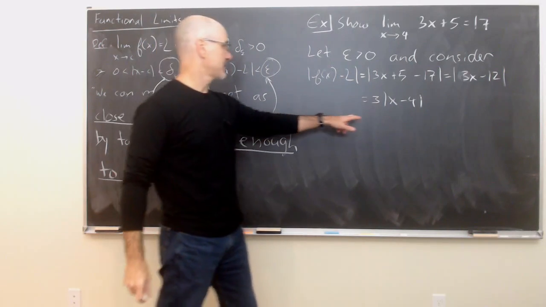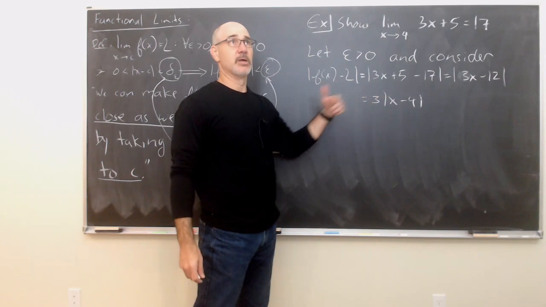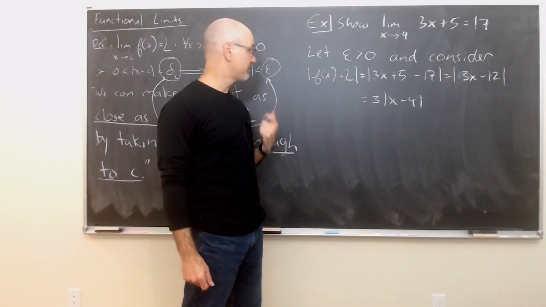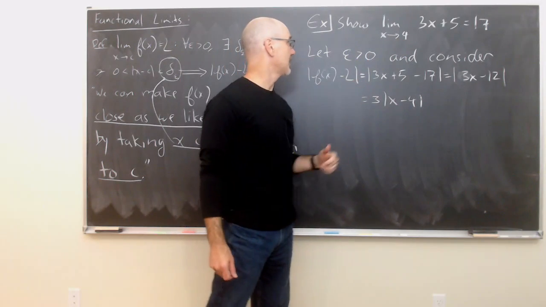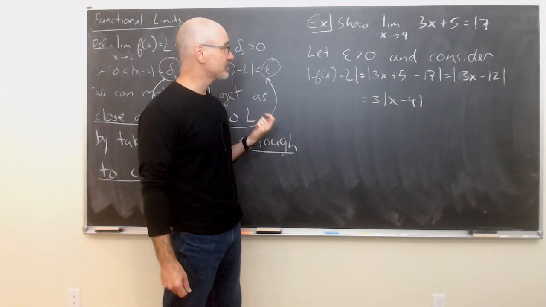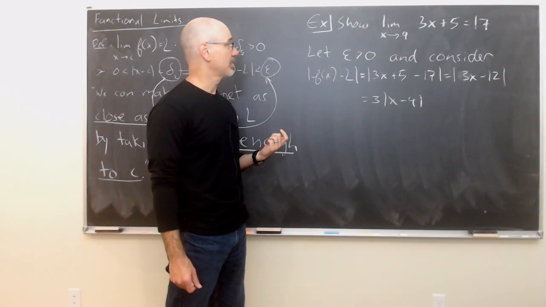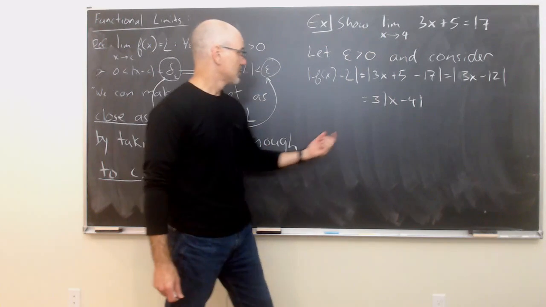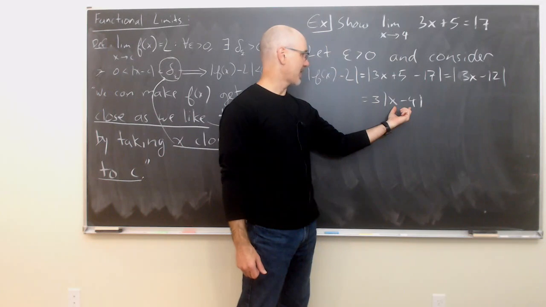This is a place where you can recognize that you're doing something right, because the thing we have control over is how close we take x to 4. 4 is the c, and we need to show that if we get close enough to 4, then we can make our function be within epsilon of 17. So to see x minus 4 appear is good news, because that's the thing we can make small.